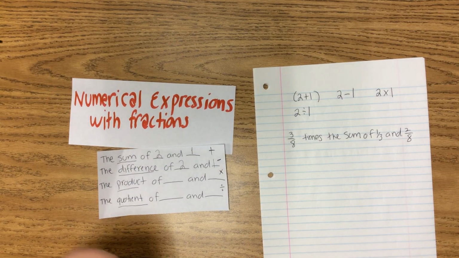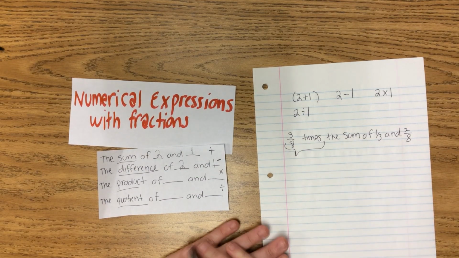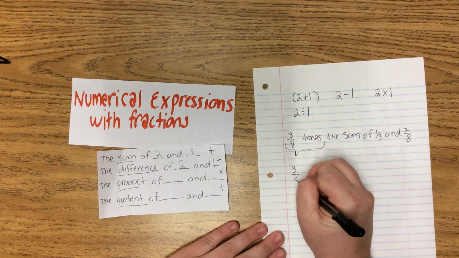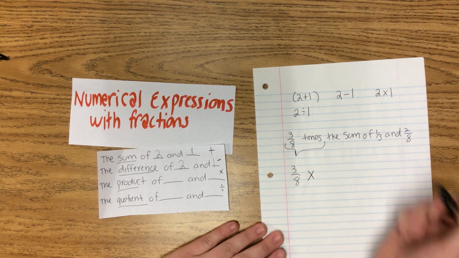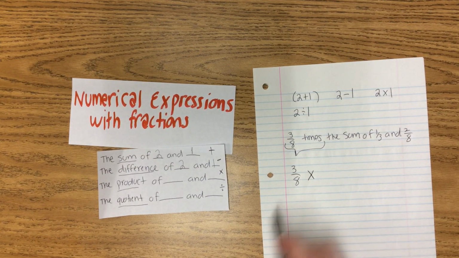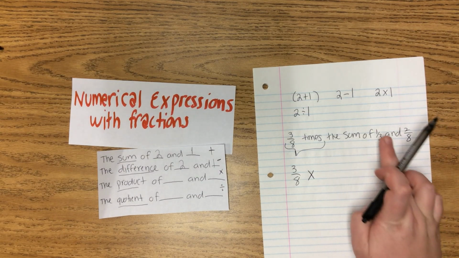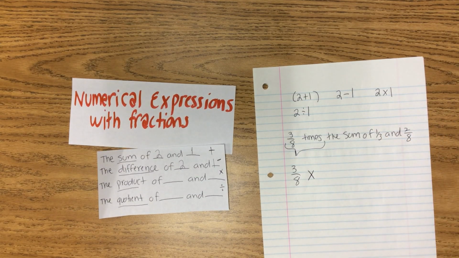So looking at this phrase, you need to identify what you can right away translate. So I look at this and I see 3/8 times. I know that's going to entail going 3/8 times something. They're not even making me use the product of. They're just saying times. So they're making it nice and easy for us. 3/8 times. The second part of my equation here is the sum of 1/3 and 2/8.